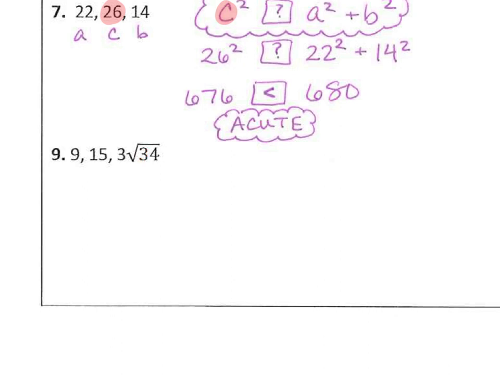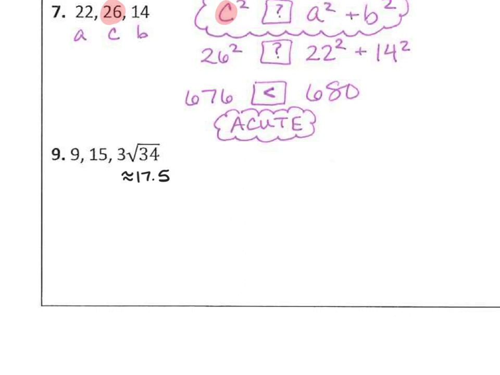Yeah, let's put it in the calculator. Put 3 and then square root of 34 in your calculator just to see what number that is, and we can compare it in our brains to 9 and 15. 17.5-ish.